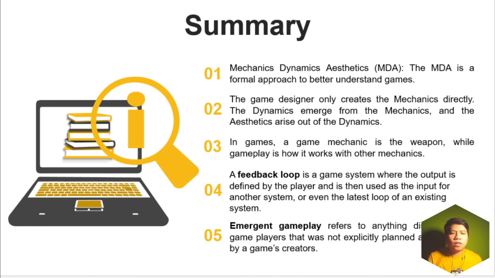In games, a game mechanic is the weapon, while gameplay is how it works with other mechanics. A feedback loop is a game system where the output is defined by the player and is then used as the input for another system or even the latest loop of an existing system. Emergent gameplay refers to anything discovered by game players that was not explicitly planned and designed by a game creator.